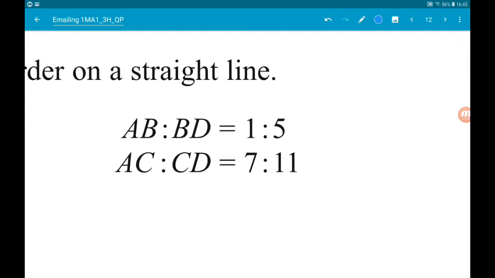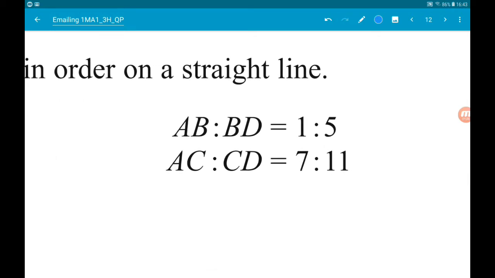So, we need to turn AB to BD into a ratio with 18 parts as well. So to do that, we can multiply 1 to 5 by 3.